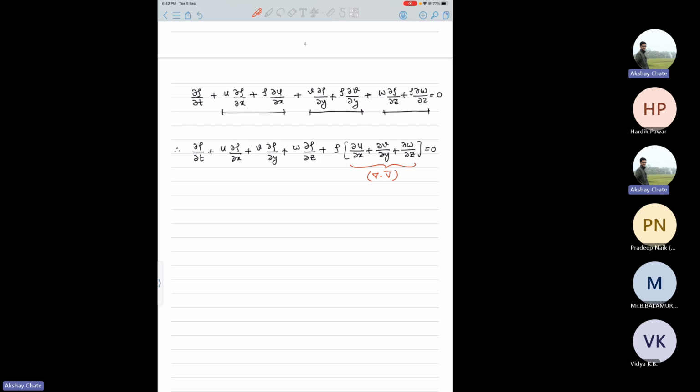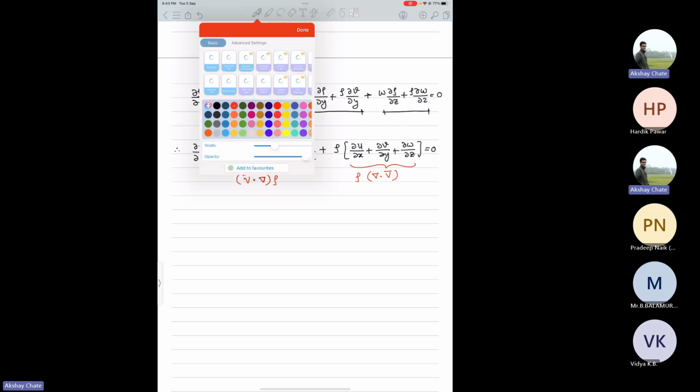And then these three terms are nothing but this operator into rho, and this is nothing but rho.